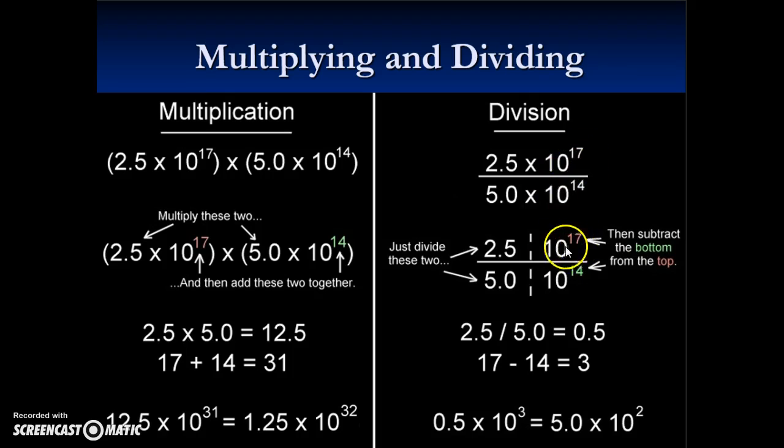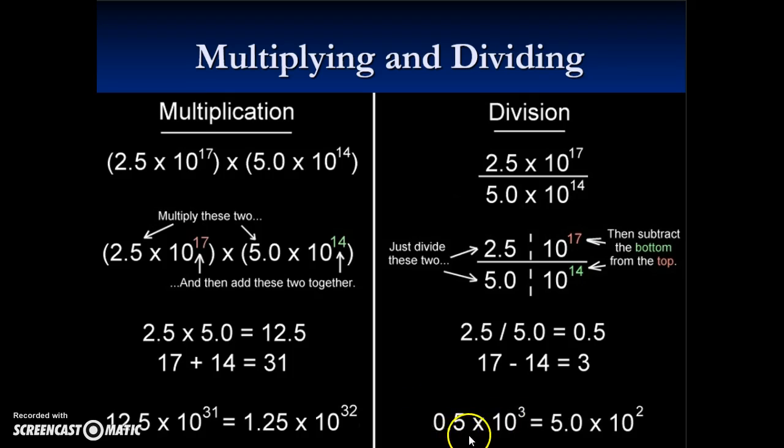Now, dealing with the exponents, in this case, instead of adding them together as you did in multiplication, the operation is actually subtraction. So it's this exponent minus this exponent, which winds up being positive 3. So the initial outcome of this calculation is 0.5 times 10 to the third.